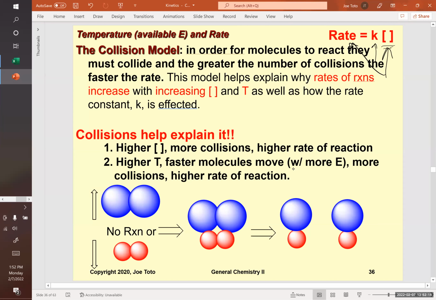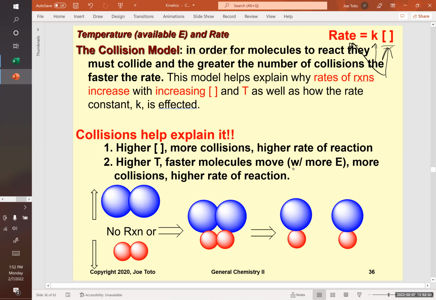Well, to understand this a little better and to give us a little picture in our mind, we do what most scientists do, and that is they try to think of simple models that will help them understand things that take place on the molecular level. A lot of scientists were doing this back at the turn of the century.